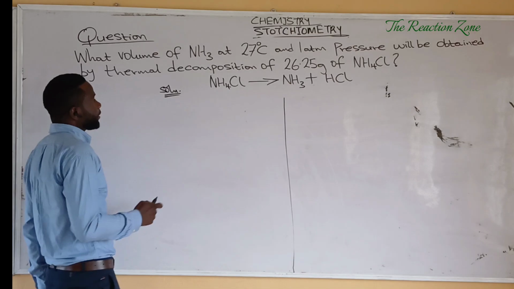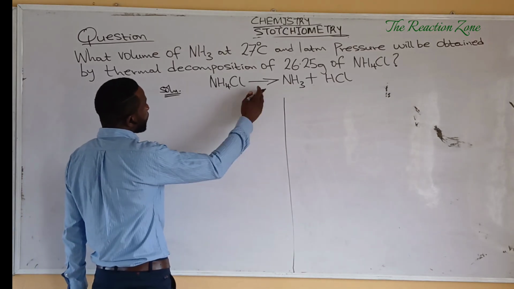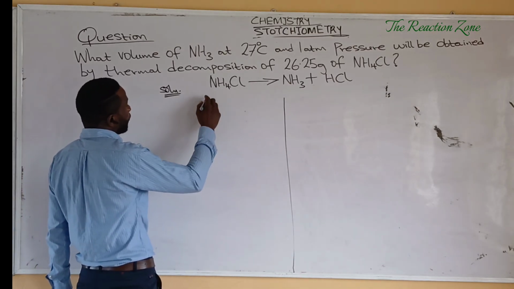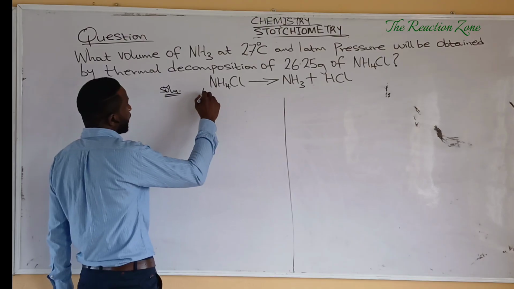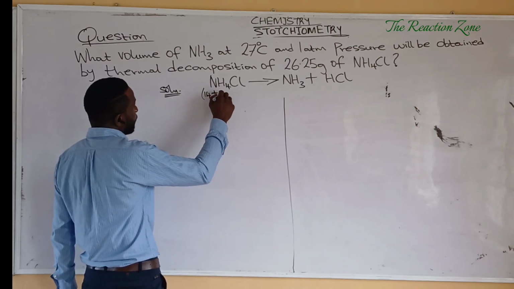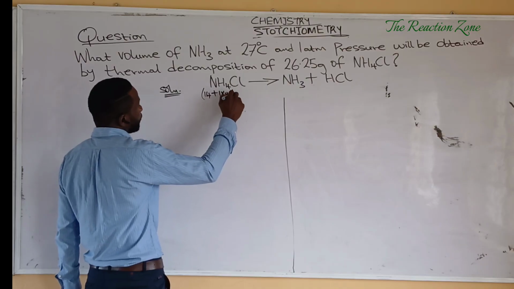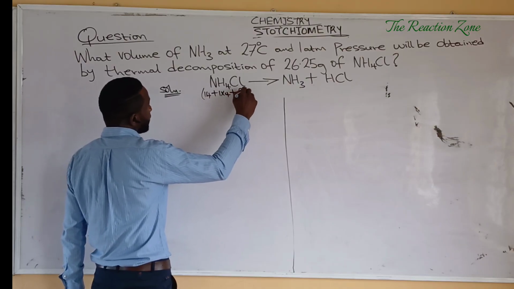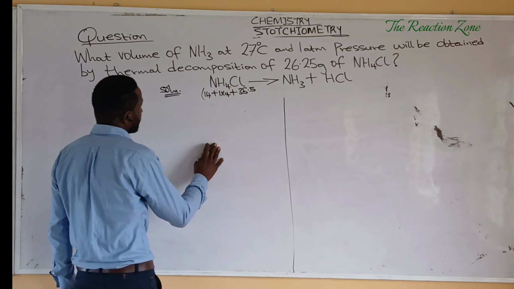From the balanced chemical equation, the molar mass or the molecular mass of ammonium chloride can be determined as follows. Nitrogen is 14, hydrogen is 1, there are 4 atoms, that is times 4, plus chlorine, which is 35.5.